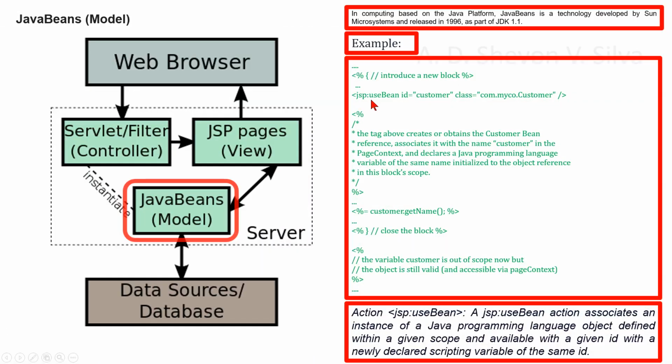Here you can see the action jsp:useBean. A jsp:useBean action associates an instance of a Java programming language object defined within a given scope and available with the given ID with the newly declared scripting variable of the same ID.